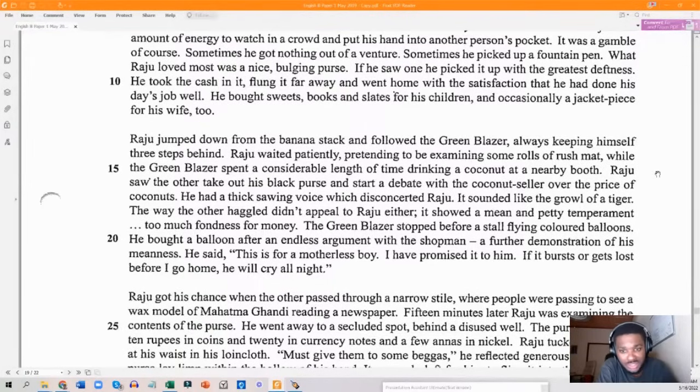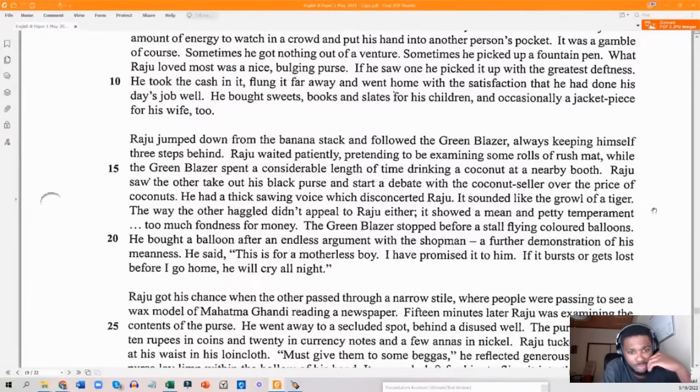Raju saw the other take out his black purse and start a debate with the coconut seller over the price of coconuts. He had a thick, sawing voice which disconcerted Raju. It sounded like the growl of a tiger. The way the other haggled didn't appeal to Raju either. It showed a mean and petty temperament. Too much fondness for money.